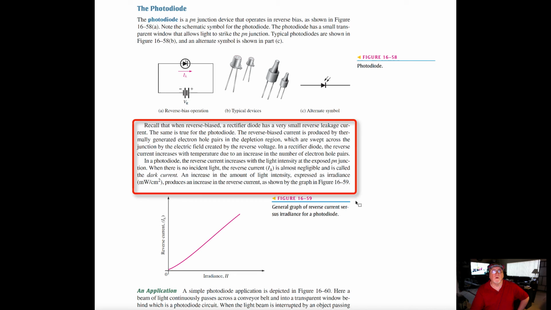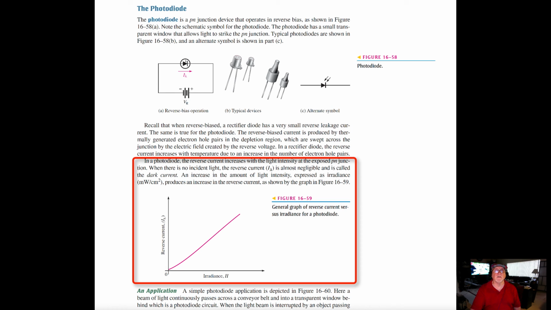Recall, when reverse biased, a rectifier diode has a very small reverse leakage current. The same is true for the photodiode. The reverse bias current is produced by thermally generated electron hole pairs in the depletion region, which are swept across the junction by the electric field created by the reverse voltage. In a rectifier diode, the reverse current increases with temperature due to an increase in the number of electron hole pairs.